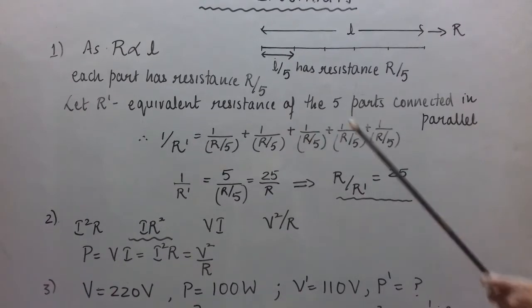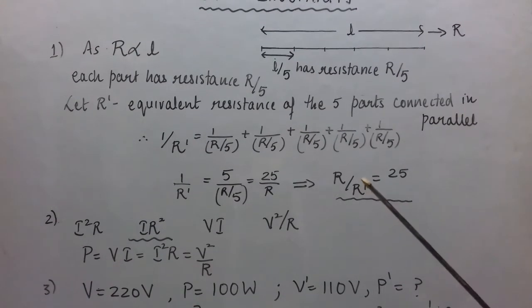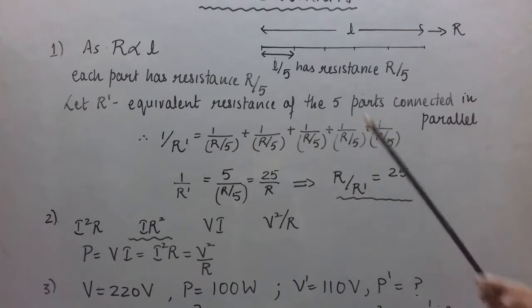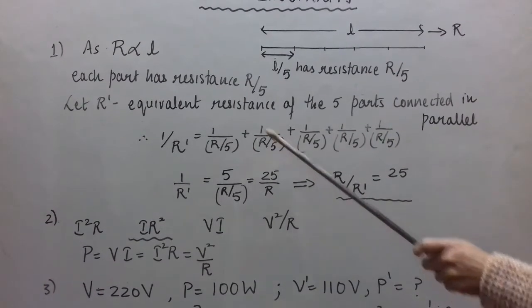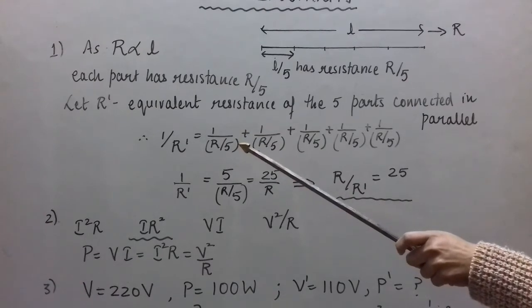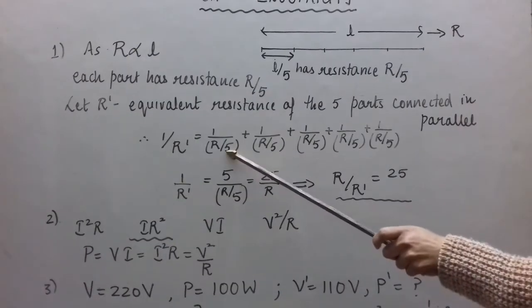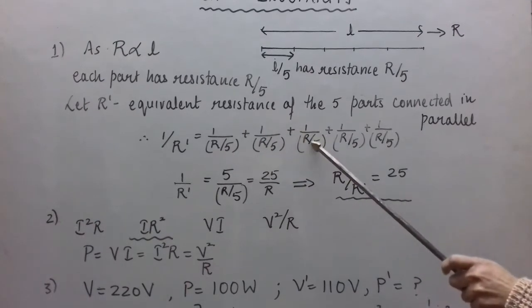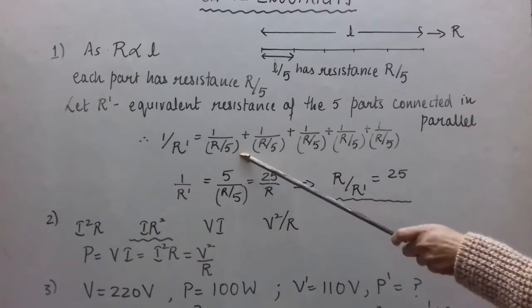So here we'll use the formula for parallel combination and find R dash first, because we know that R dash is given by this expression: 1 by R dash is equal to 1 by R by 5 plus 1 by R by 5 plus 1 by R by 5. This way you have to add the reciprocals.